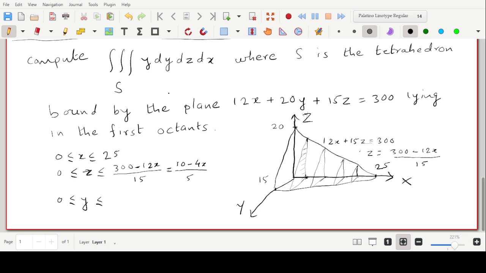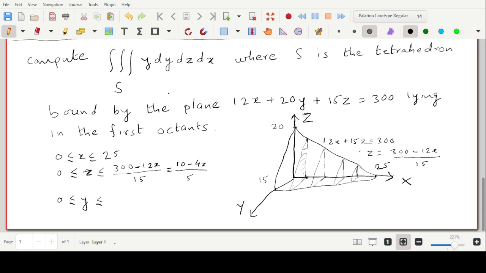Suppose we can find out the limits of y, rather the range between which y is varying in this triangle, then we are done. Then at least for this triangle we know the limits between which y is varying, and in this fashion varying over all such triangles, we shall get the whole prism.